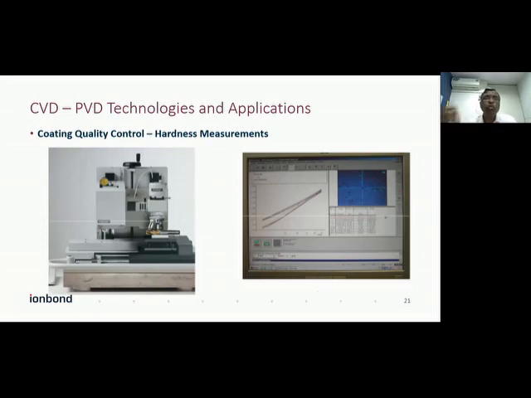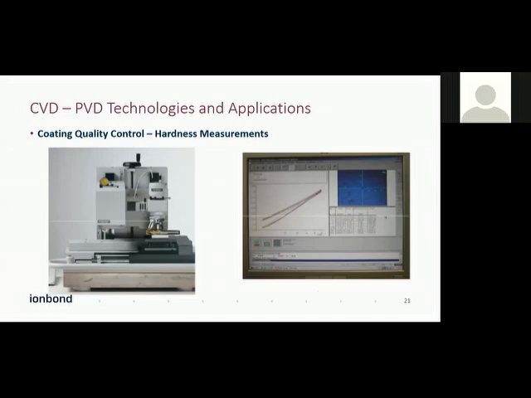To get the hardness of the coating itself, we need to use nano indentation, where the load applied is just 1 or 2 grams, so that the indentation doesn't penetrate through the coating and it gives only the true hardness of the coating. So we have to use nano indentation. Thank you very much, sir.